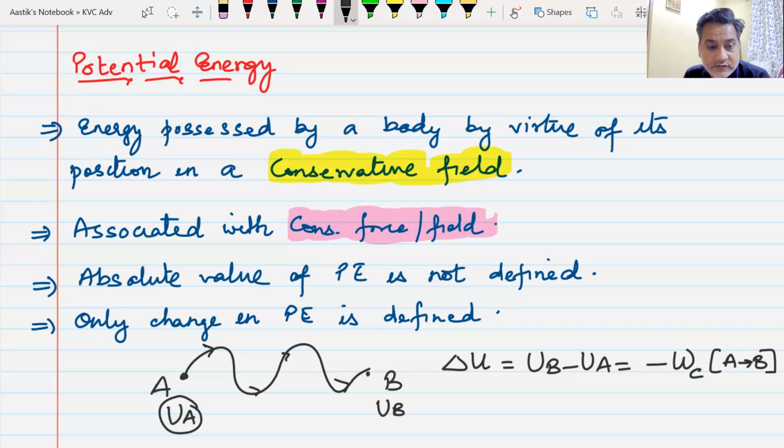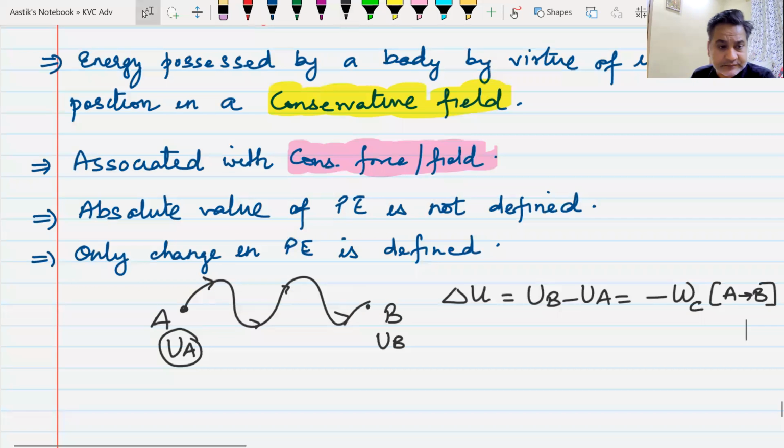Do we understand this? Yes. That is how change in any potential energy is defined. Do we understand this? Yes, sir.